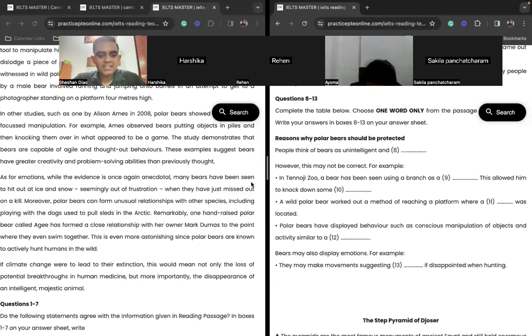Many bears have been seen to hit out at ice and snow, seemingly out of frustration when they have missed out on a kill. So it's frustration, right? The answer should be frustration. They make movements suggesting frustration if disappointed when hunting. Is that clear? So that's how you find the answer.